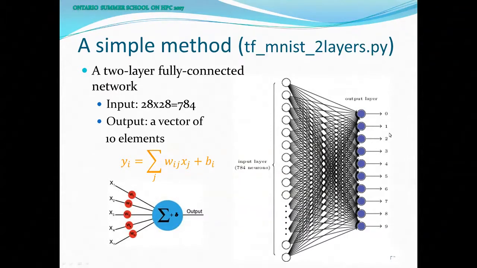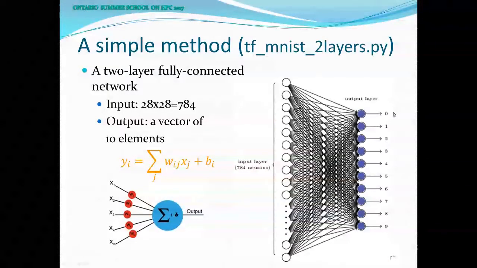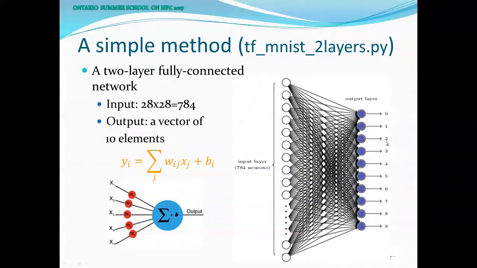For example, if the third output got the largest number, then I will consider it number 2, because this is zero-based. So number 2 is the output, so the image actually contains the digit 2.